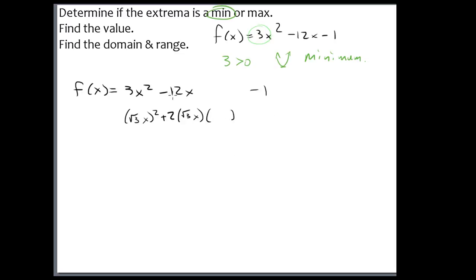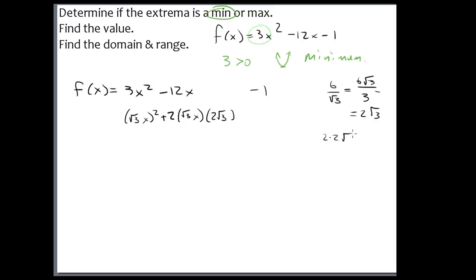And so let's see, that's 6, so that's 6 over the square root of 3. We rationalize this and we get 6 square roots of 3 over 3, which is 2 square roots of 3. Okay, so instead, this is 2 times the square root of 3 times 2 square roots of 3.